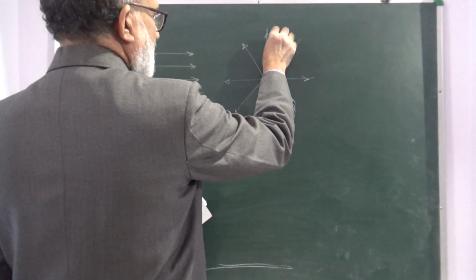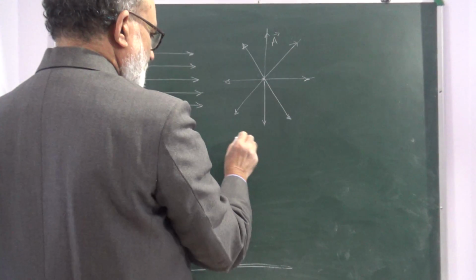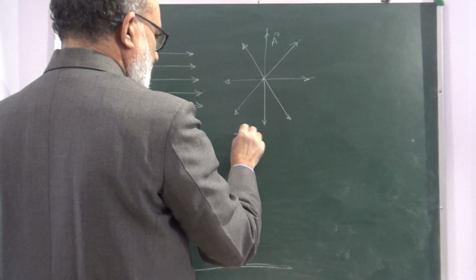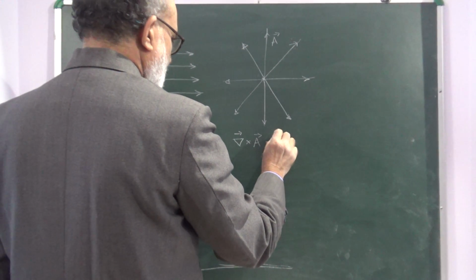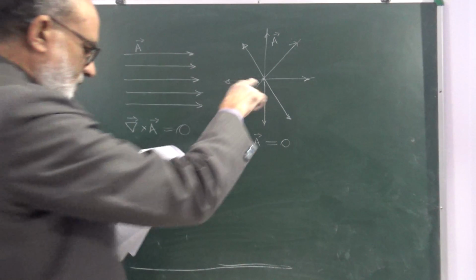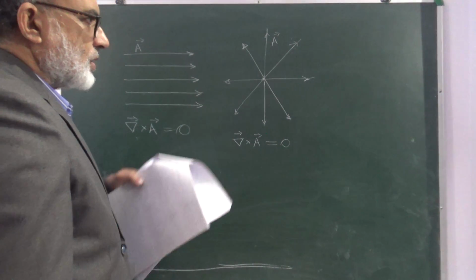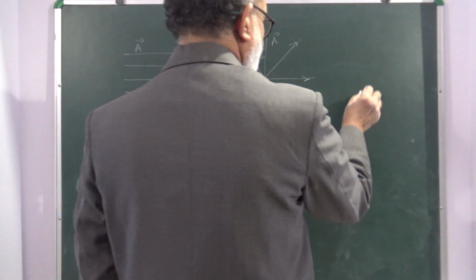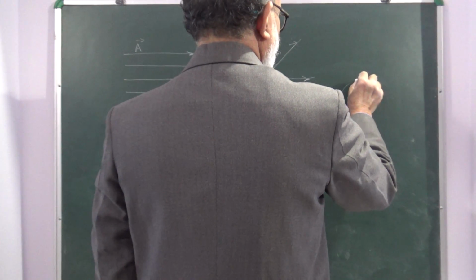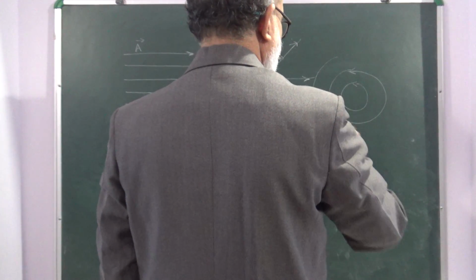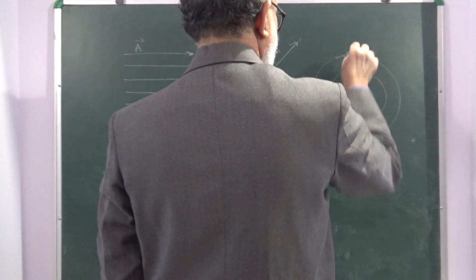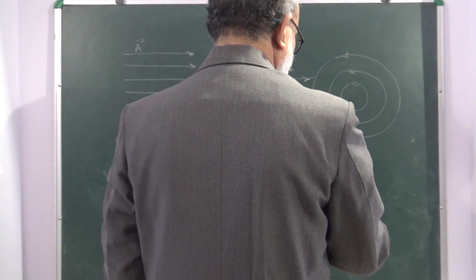So this is the field A. If you want to find the curl of this field A, it will again be 0 because there is no rotation of the field. But if the field is like this, the curl of this field is not 0.